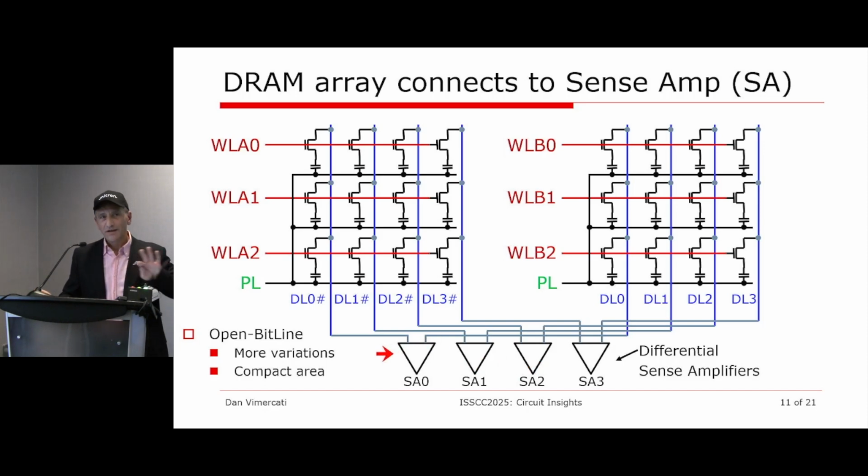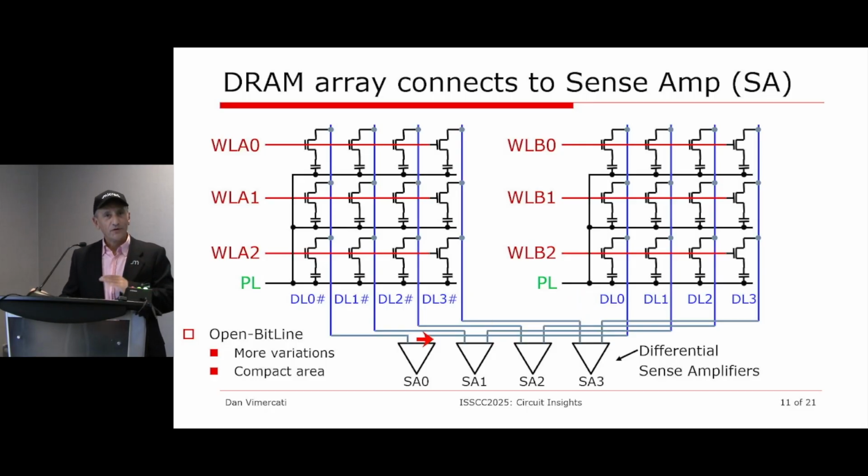We have two separate arrays, one up, one down, or left, right, it doesn't matter, and the sense amp is in the middle. For example, as you can see, this sense amplifier 0 is connected with a digit line 0 reference, or bar, on one side, and the same sense amplifier is connected to a digit line 0 on another array.